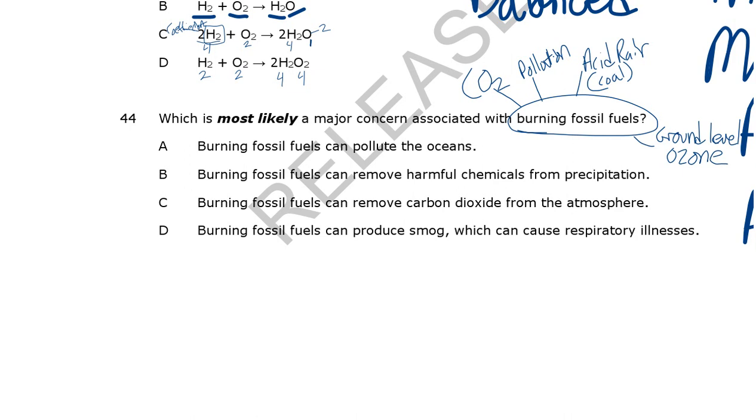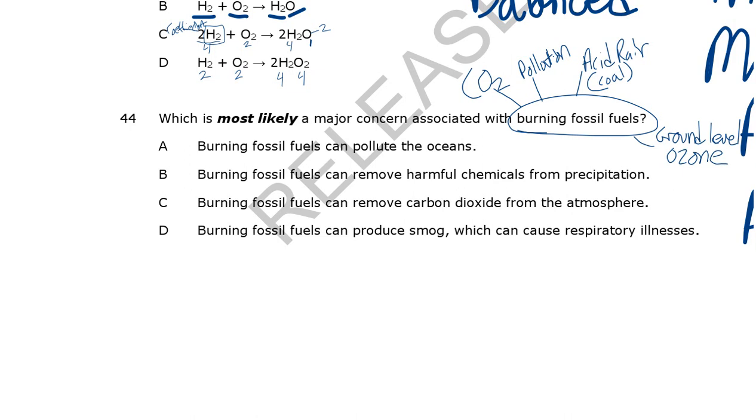And then, it's even worse for people with asthma or a chronic lung condition, or they're really old or really young. Okay? So, ground level ozone, bad. Stratosphere ozone, good.